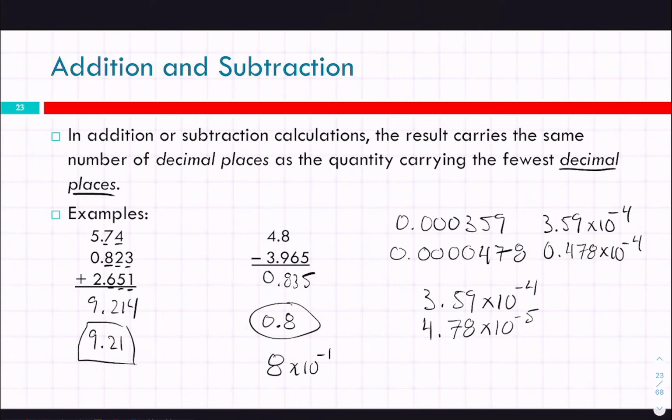It is still the same answer. But now at a glance, it looks like the 4.78 is bigger than 3.59, but it's actually smaller because it's times 10 to the negative 5 instead of times 10 to the negative 4. So scientific notation is really a tool so that you can present your data in the best way possible.